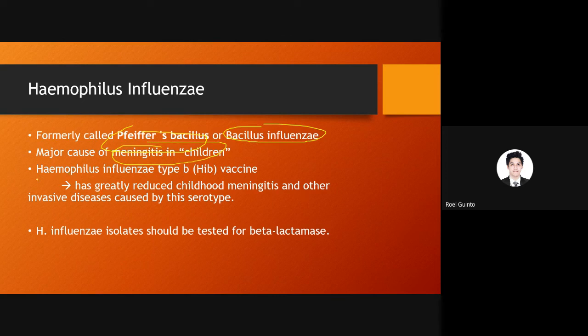And the Haemophilus influenzae type B, or Hib, vaccine has greatly reduced childhood meningitis and other invasive diseases caused by this serotype. Kaya pala nung bata tayo, nag-i-inject na tayo ng vaccine na to para di tayo ma-infect ng Haemophilus influenzae. Haemophilus influenzae isolates should be tested for beta-lactamase.